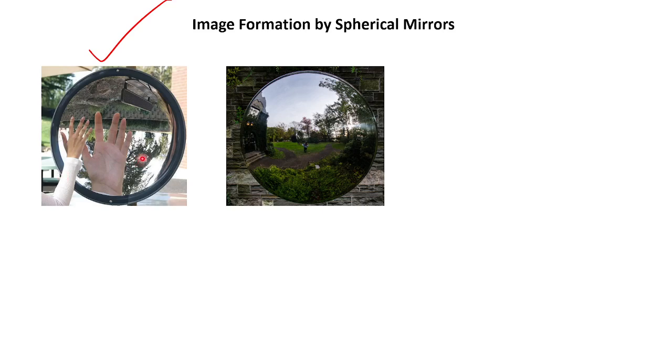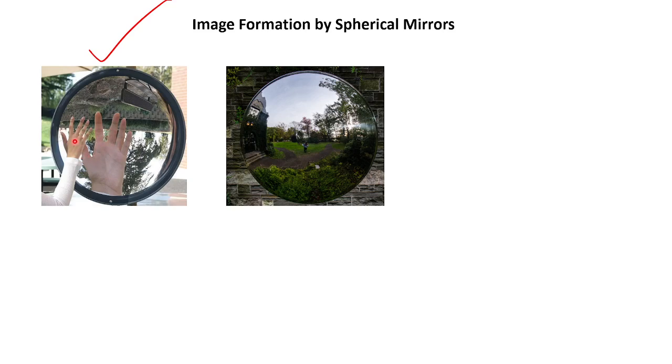But the other images you can see they are inverted, like trees. Look at this diagram, you can see the trees are smaller and inverted, but the nearby object will not be inverted, it will be enlarged and erect.